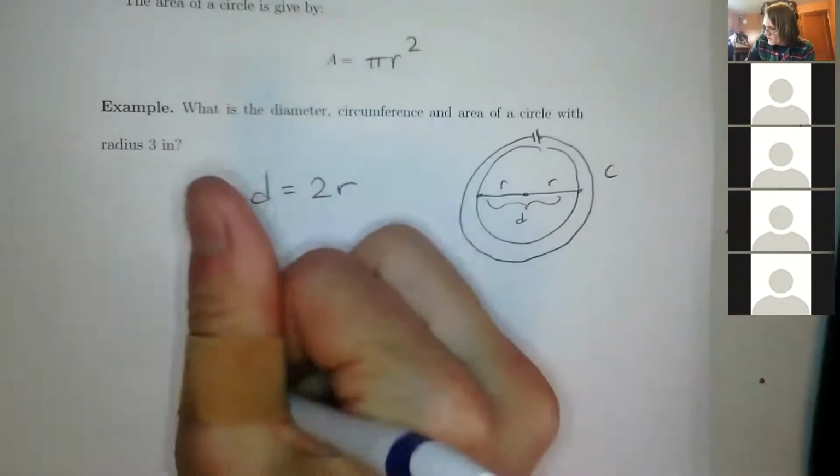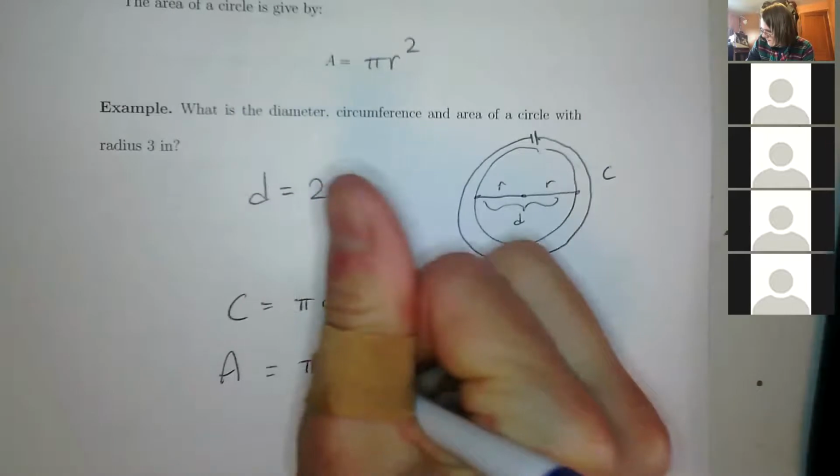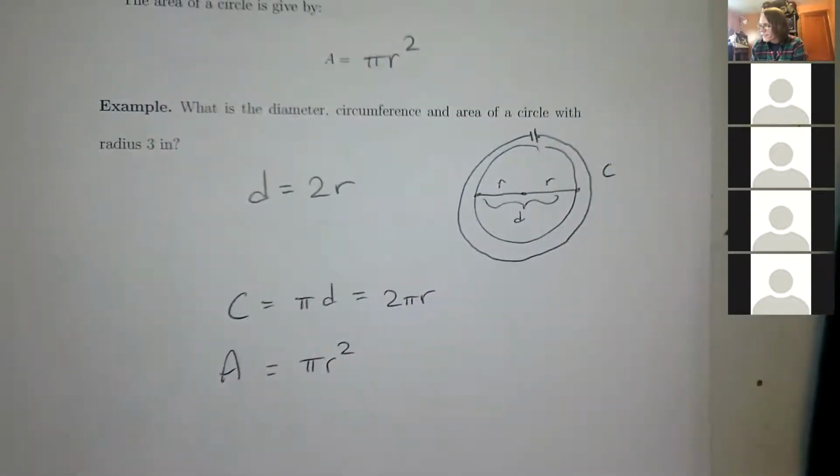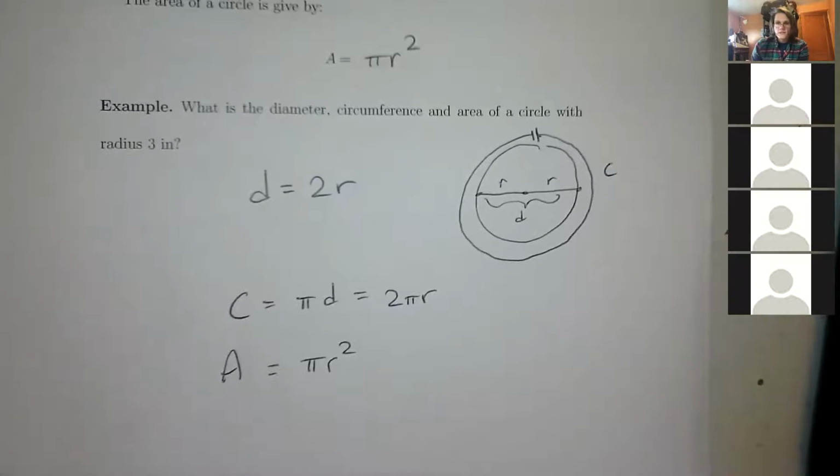And then the area is pi r squared. What you'll note about the area formula is that if you're thinking of units, I'm squaring the radius, so the units of the area will be squared, whatever the units of the radius are. But at this point, we have all the formulas compiled, so we just plop them in.